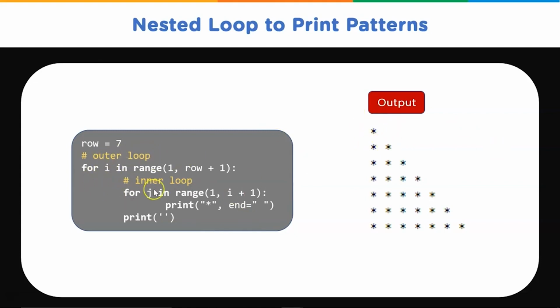When i value becomes 1, then your j range becomes 1, 1 plus 1, which is 2. So it will print 1 star here, followed by a space. When i value becomes 2, your j range becomes 1, 3. So it will print 2 stars. Then again, when i value becomes 3, your range becomes 1, 4. So it will print 3 stars. So on and so forth.